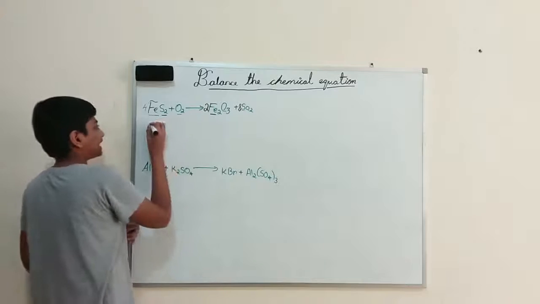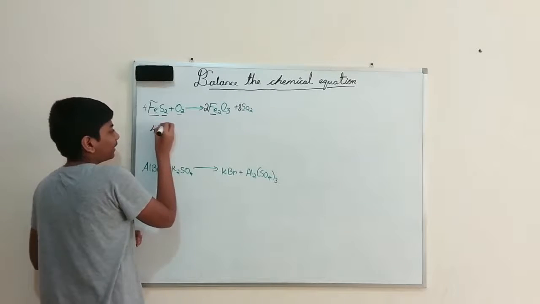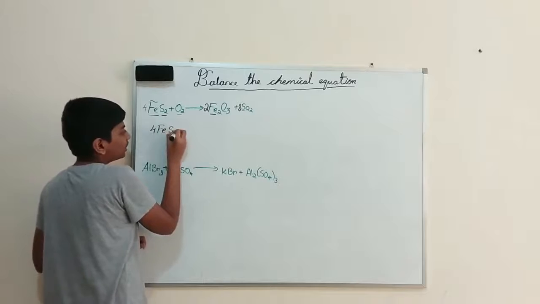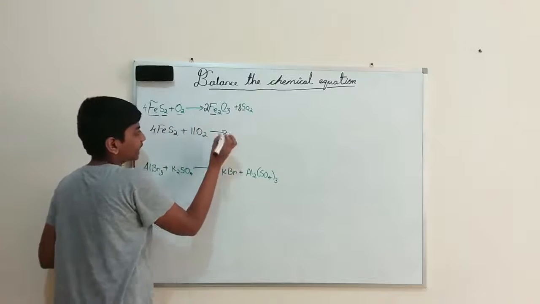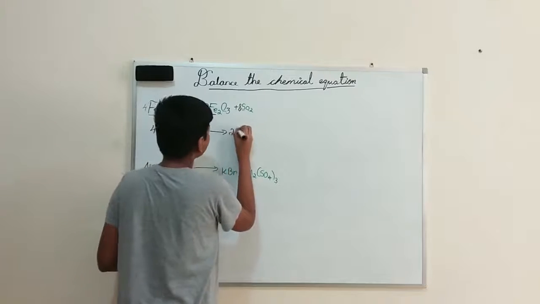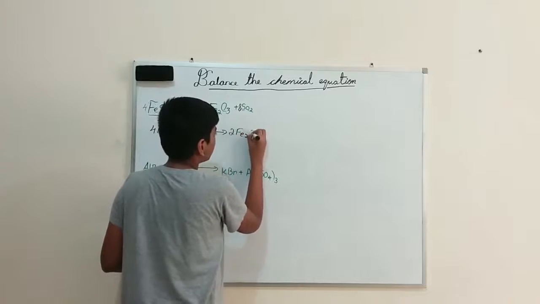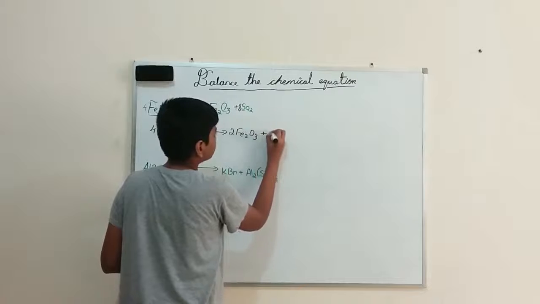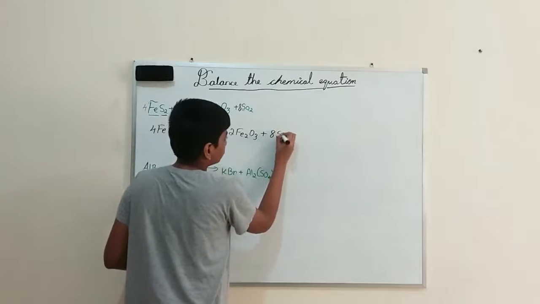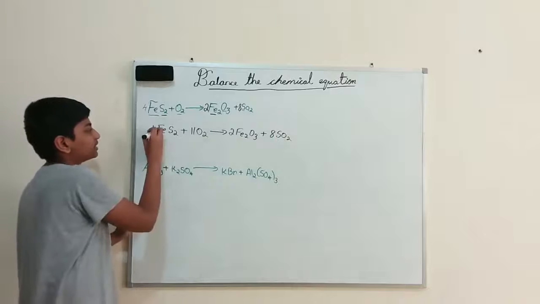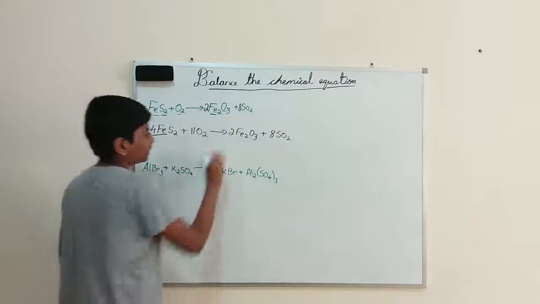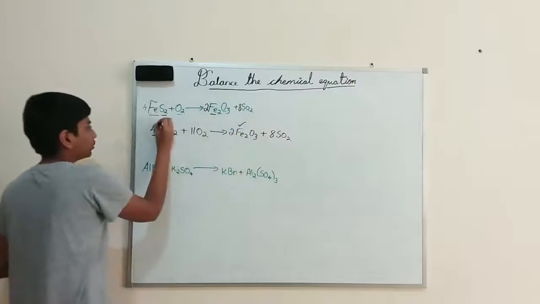So our chemical equation is 4FeS2 plus 11 O2 gives us 2Fe2O3 plus 8SO2. So let's check whether our chemical equation is balanced. So here 2Fe, here also 4Fe, and here also 4.